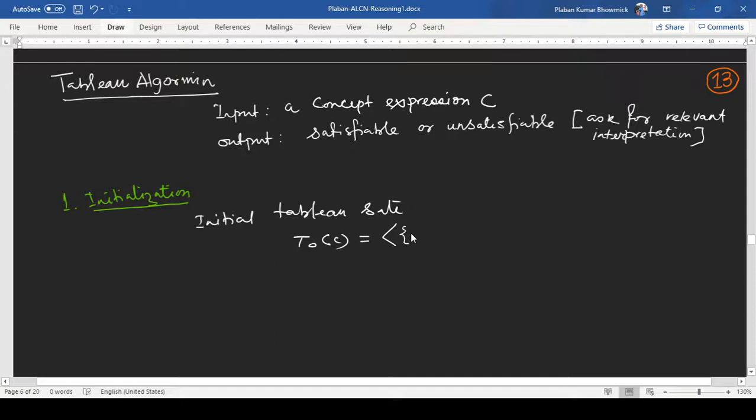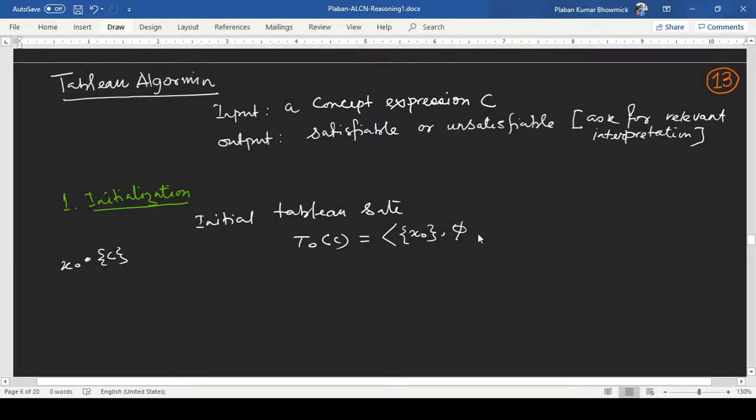A single node, single individual represented as a node. In our example, that was A, but here, to follow the notation, we are using x0. We can use anything here, x0. The set of edges is empty because we just say that x0 is having C. That's it.